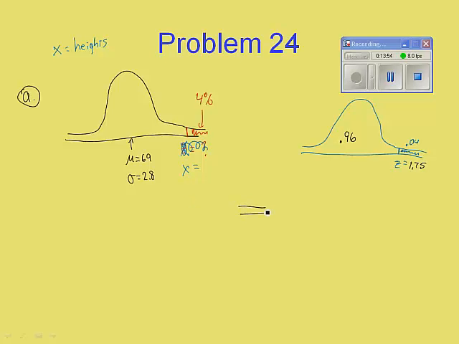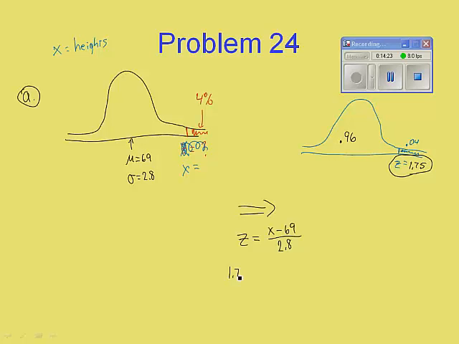Now wait a minute. We had a formula going this way. We knew that z equals x minus 69 over 2.8, because it's x minus mu over sigma. Well, I know the z-score, guys.